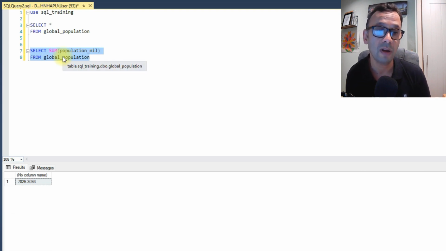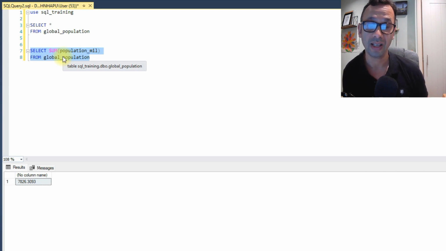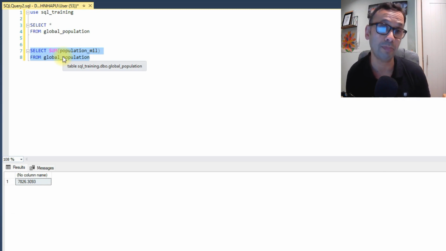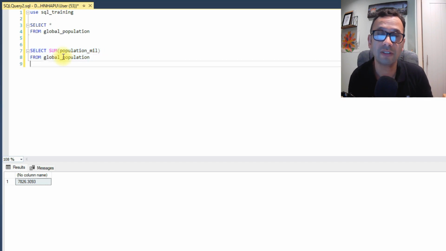So 7,826 million. So that's the population of the Earth, that's 7.8 billion. These figures are accurate as of summer 2021, so it's not completely up to date, but it's close enough for what we need it for today. So that is our sum of population.